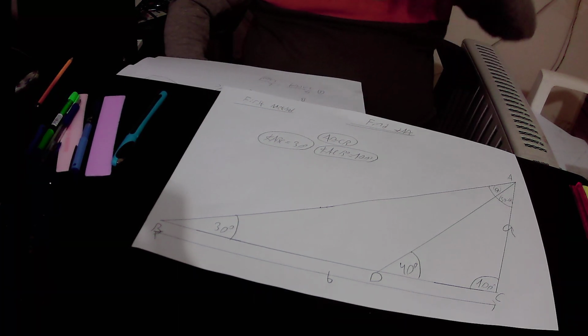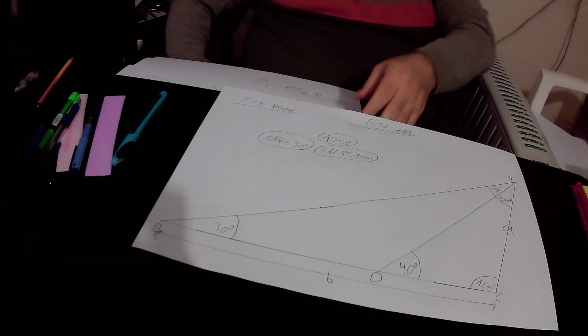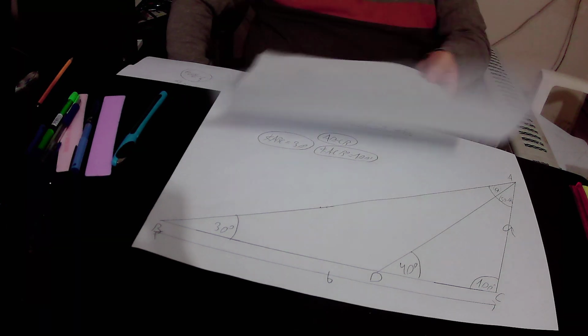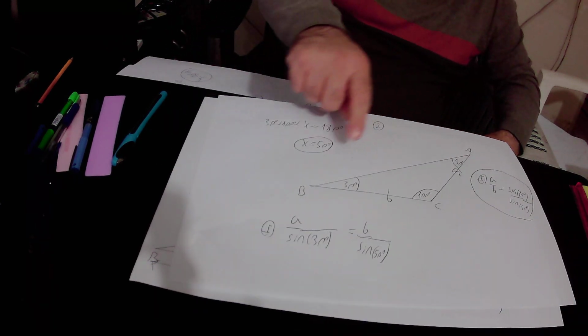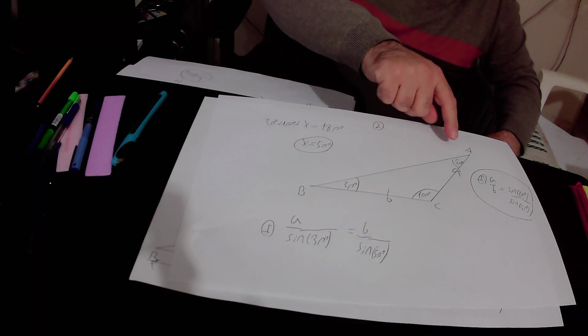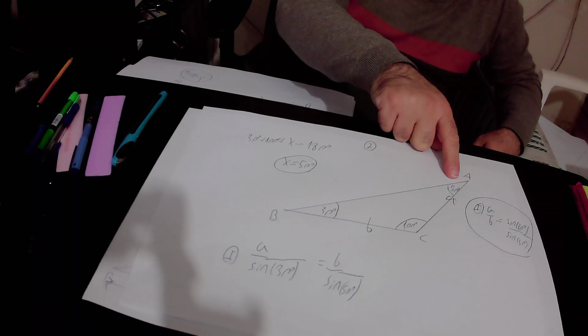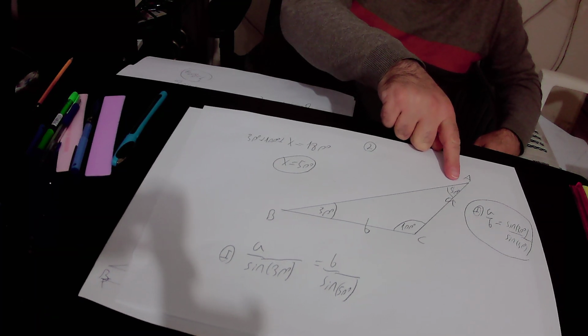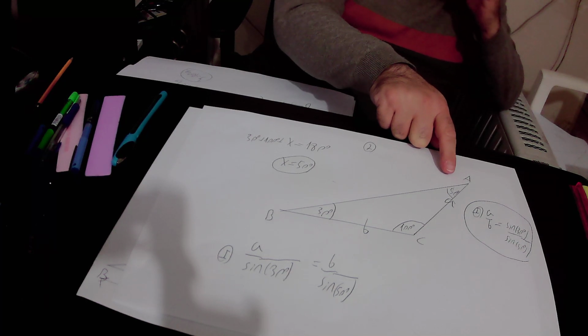I copied triangle ABC in a new page, and here this is triangle ABC. We know that angle ABC equals 30 degrees, angle ACB equals 100 degrees. So this is the missing angle. We know that the sum of the angles in triangle ABC equals 180 degrees.